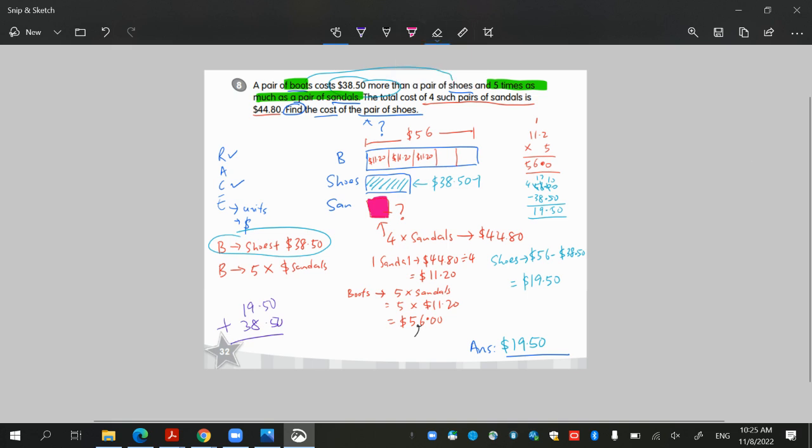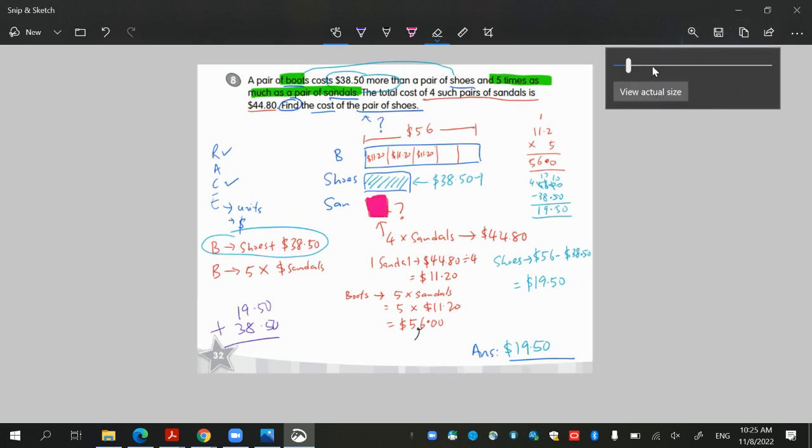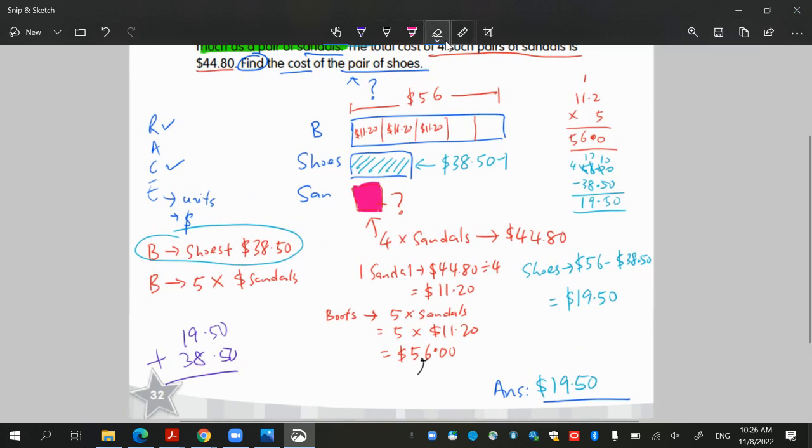Can anybody find my mistake? Oh, I realized where the mistake is. Anybody else notice the mistake? I realized I made a mistake when I was trying to do the reverse operation. $19.50 was my answer. I added it back to the $38.50. But it's wrong. I made a mistake somewhere.